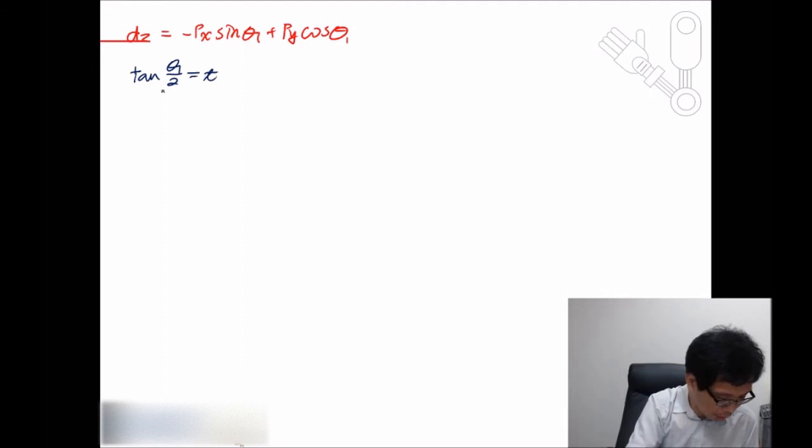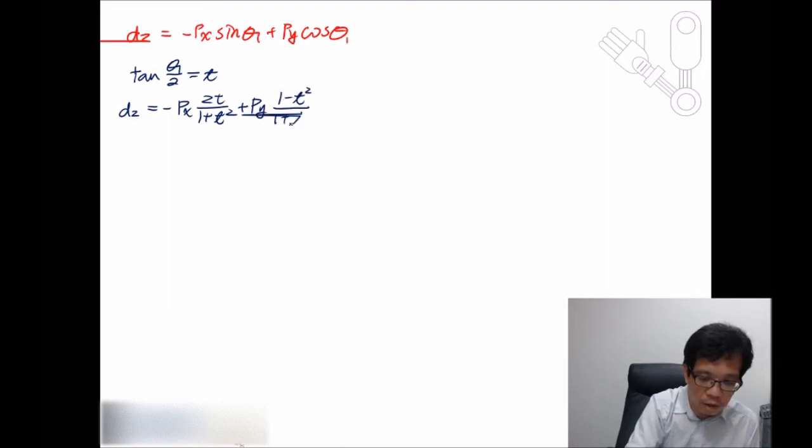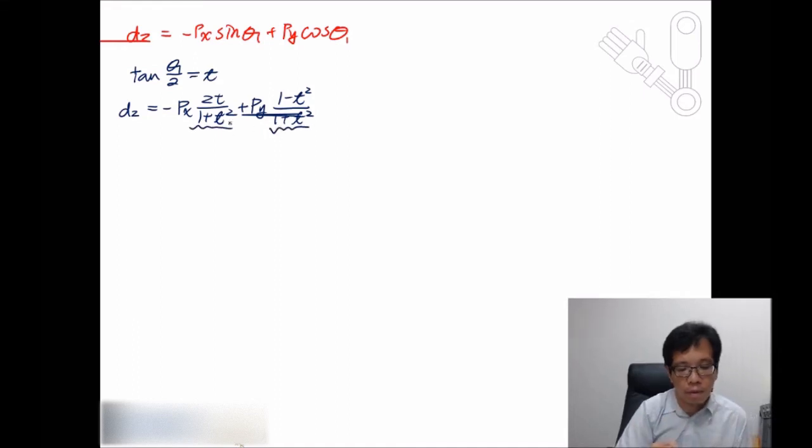When we do this, we are actually having d2 equals negative px times 2t over 1 plus t squared, plus py times 1 minus t squared over 1 plus t squared. These terms are something we have on the previous slides.